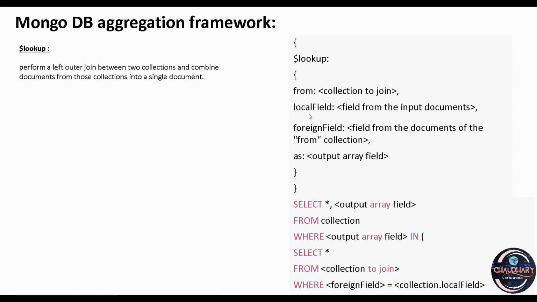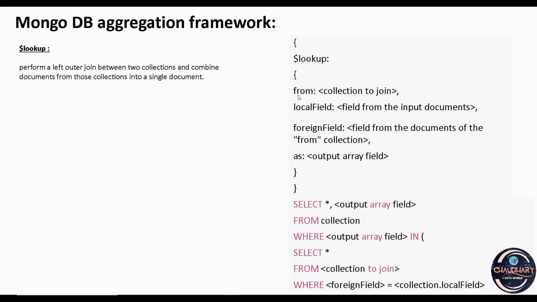There should actually be two fields to make the join happen, the local field and the foreign field. The local field will be the field in your collection in which you are performing the lookup, and the foreign field will of course be the field which it will join to the collection you have provided in the from.